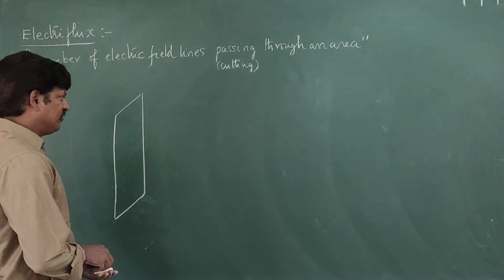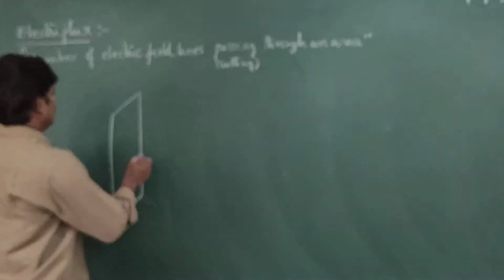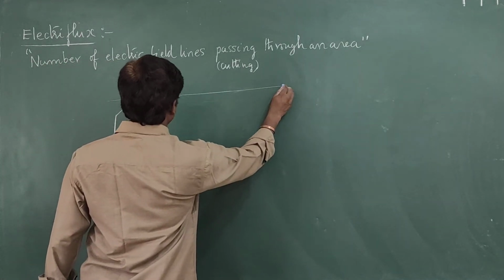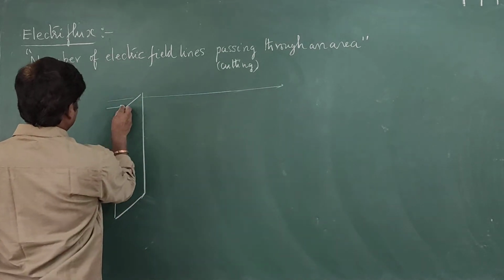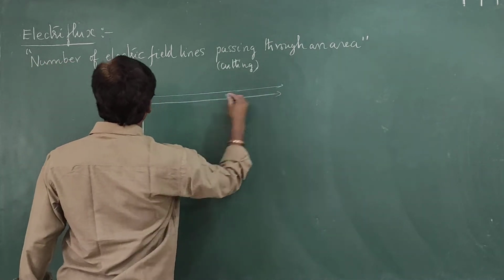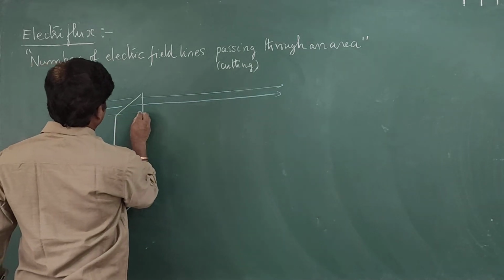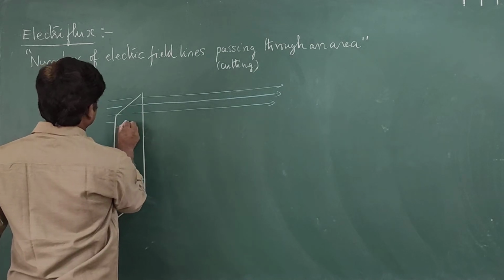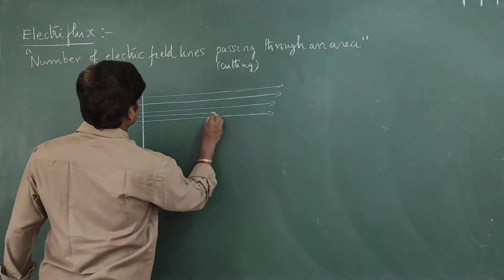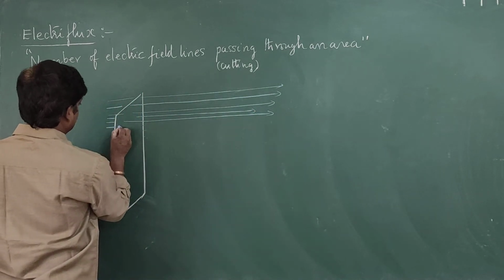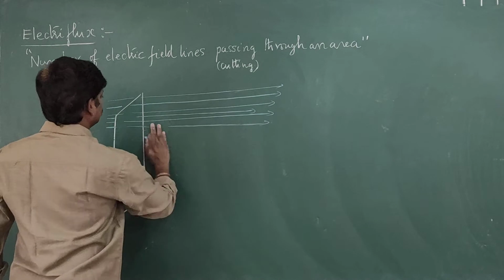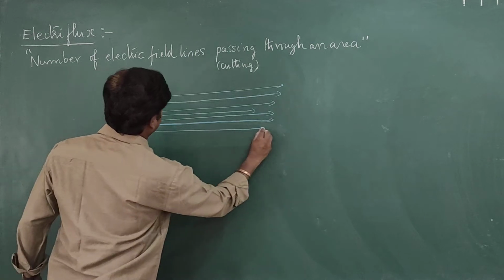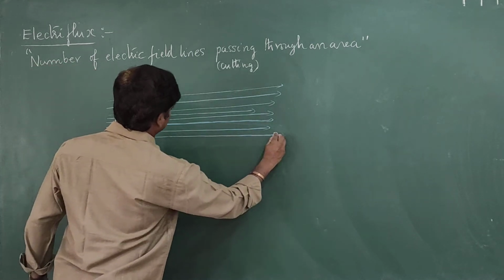Now, electric field lines are passing through the area. A number of electric field lines are going through the area, something like this. I think you are able to understand the diagram.